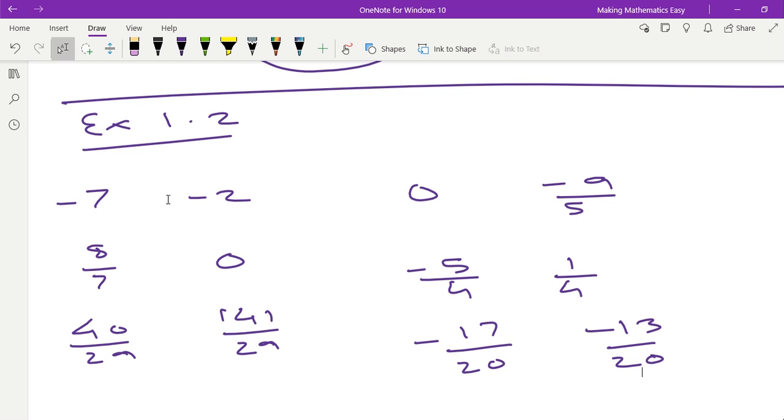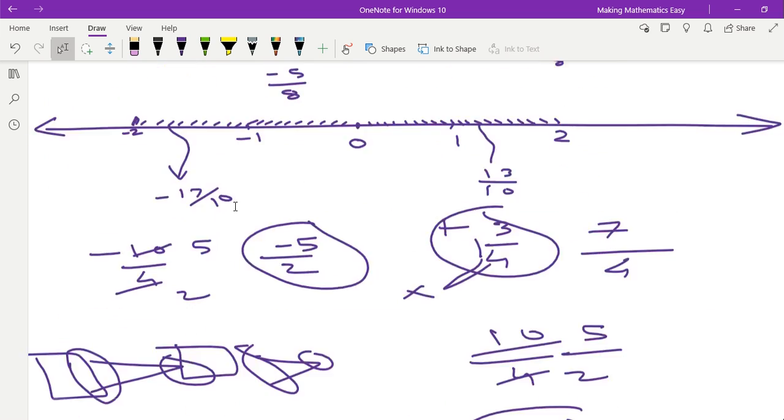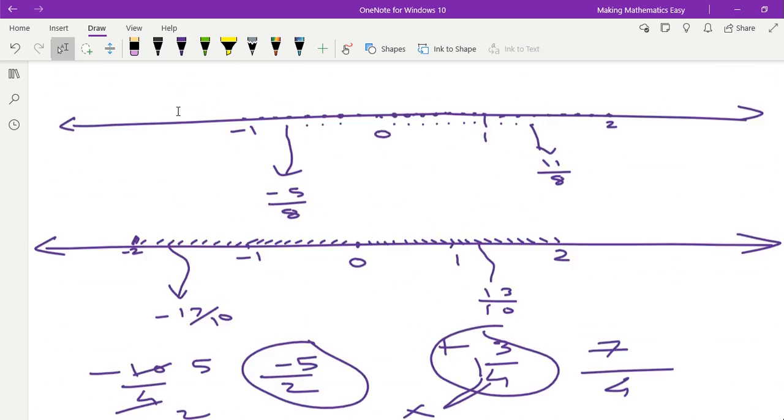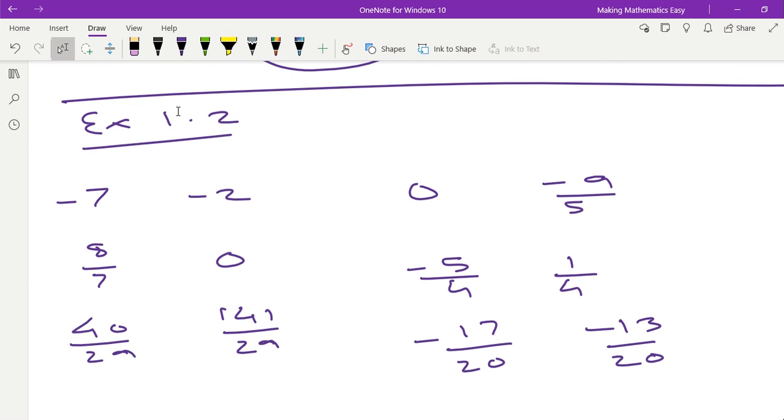If we see -7 and -2, go to the number line: this is -2, -3, -4, -5, -6, -7. If you come from right to left, -2 will come first. So that means -2 is bigger than -7. -7 is not bigger, -7 is smaller. Now the second sum, 0 and -9 upon 5. If you compare a positive number and a negative number, the positive number will always be bigger.